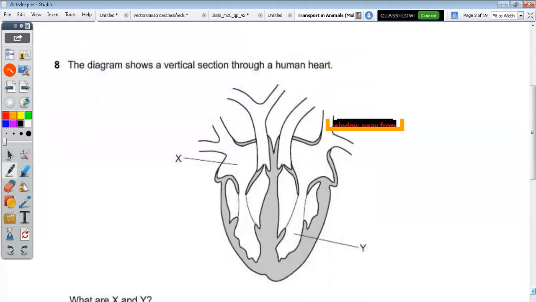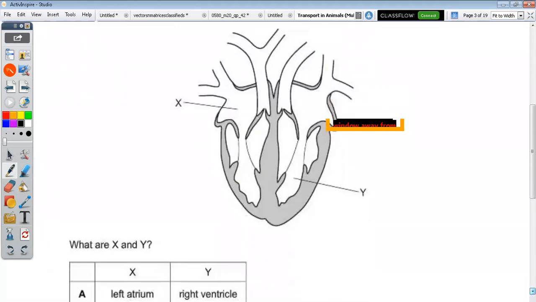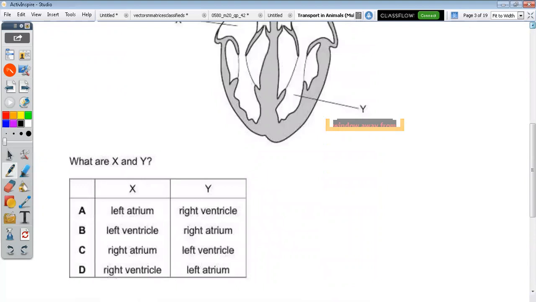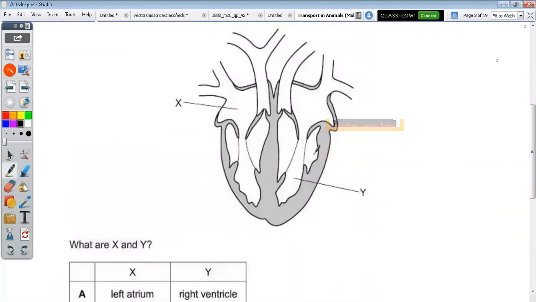Now, the diagram shows a section through the heart. So I said, if you see the side that is thick, you know that the thick side is always the left side. Clear? So this lower chamber is the left ventricle.